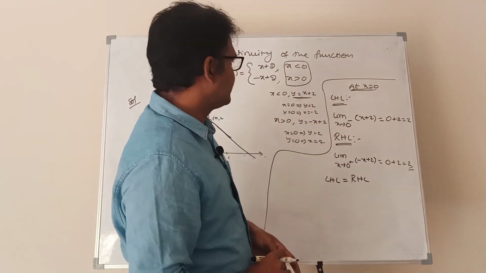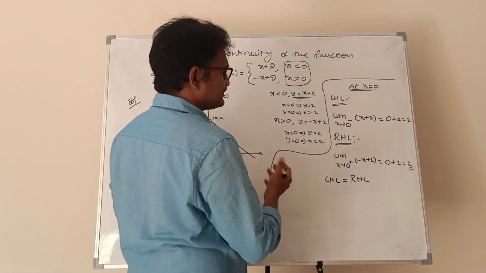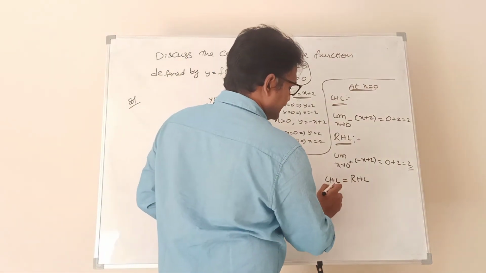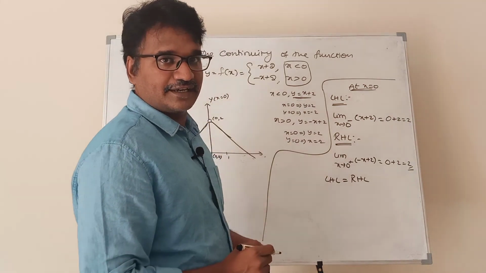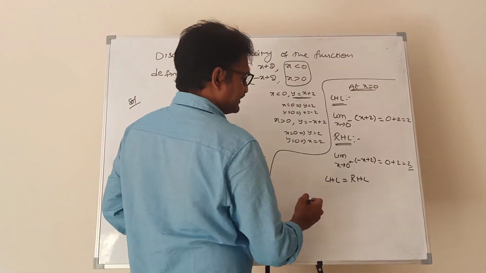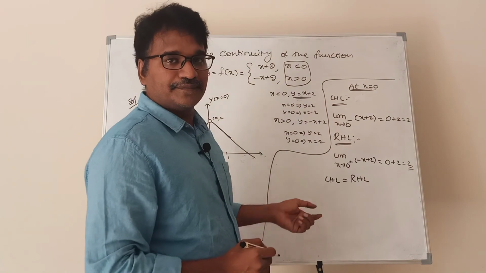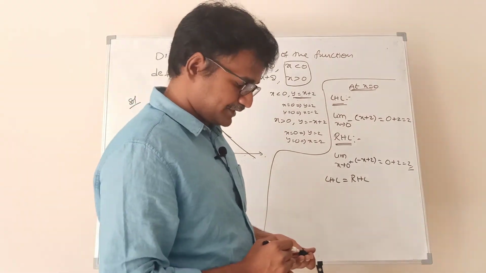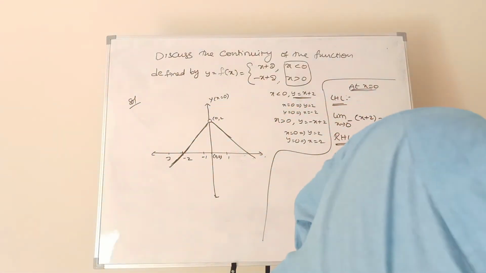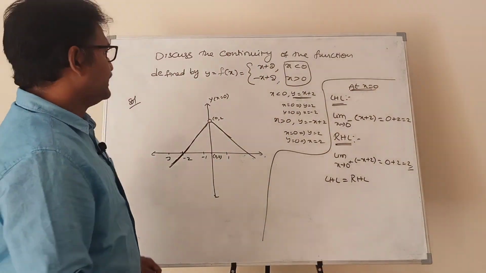Even though both are equal, what is f of 0 value? F of 0 is nothing. That's why even though left hand limit equals right hand limit, the function may not be continuous. So what is the exact concept of limits?